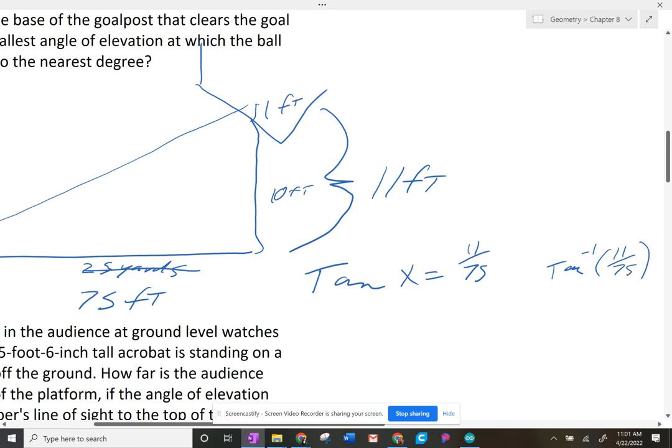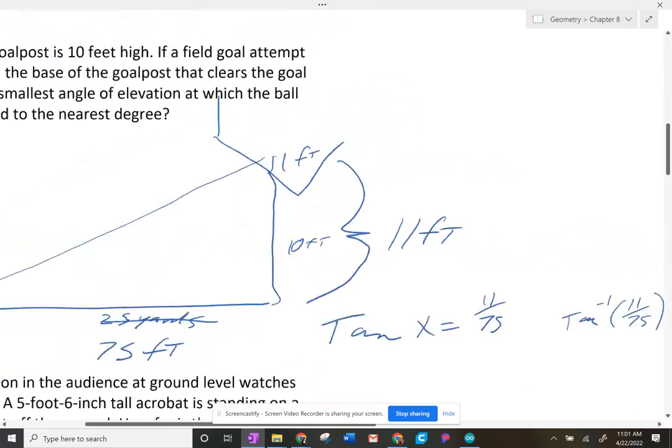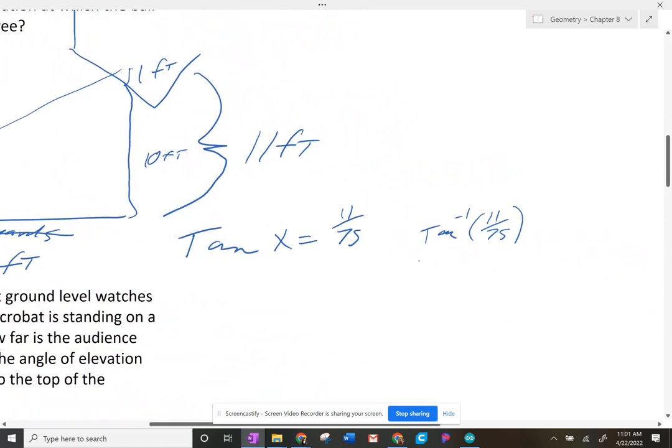So once you got done doing that, who has an answer for me? Let's see if I can get up to it. 8.3? Perfect. My degree that I need to kick this at needs to be 8.3 degrees.